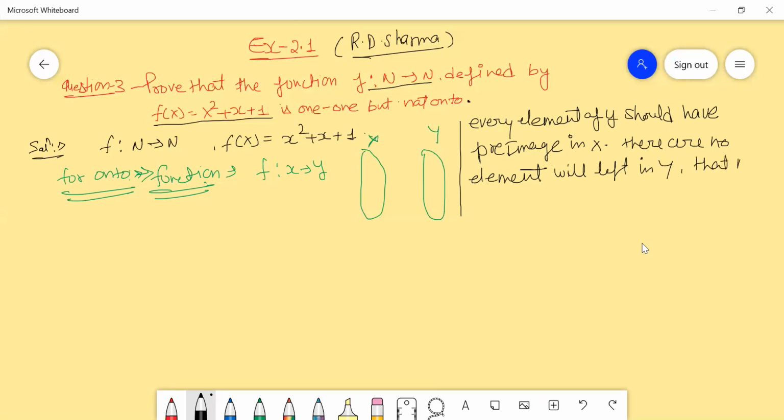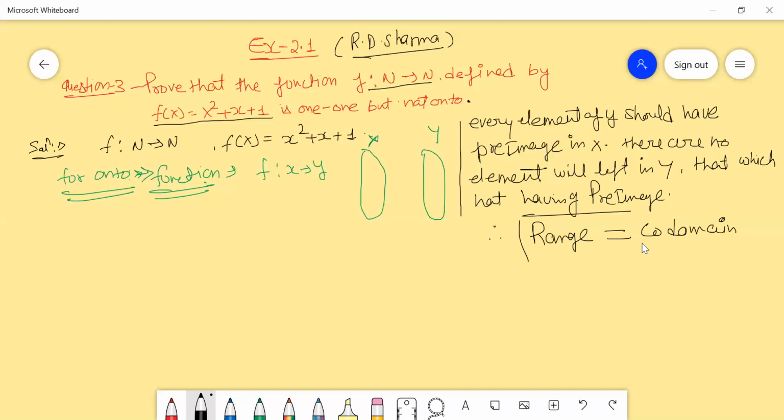That means there is no element that does not have a pre-image. That means the range should be equal to the codomain of the function. Then we will say our function is an onto function.